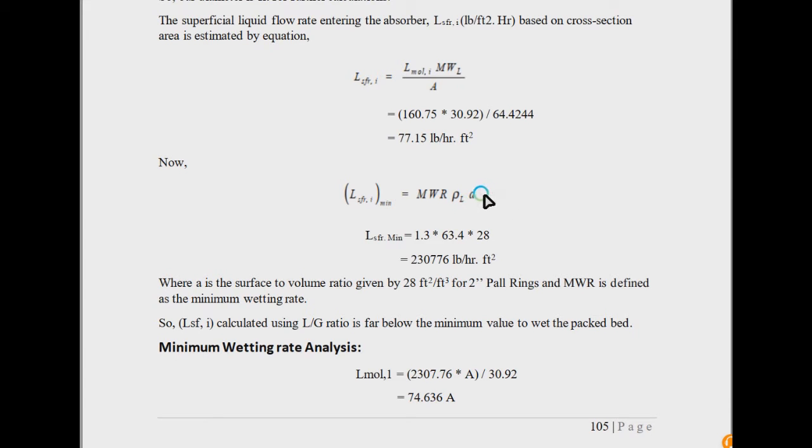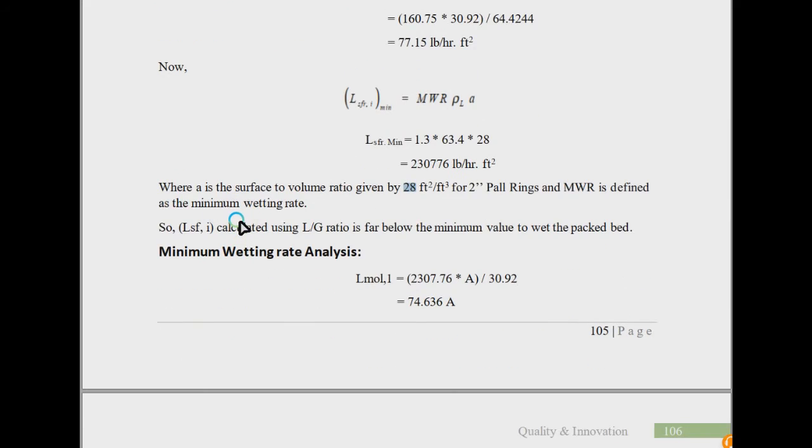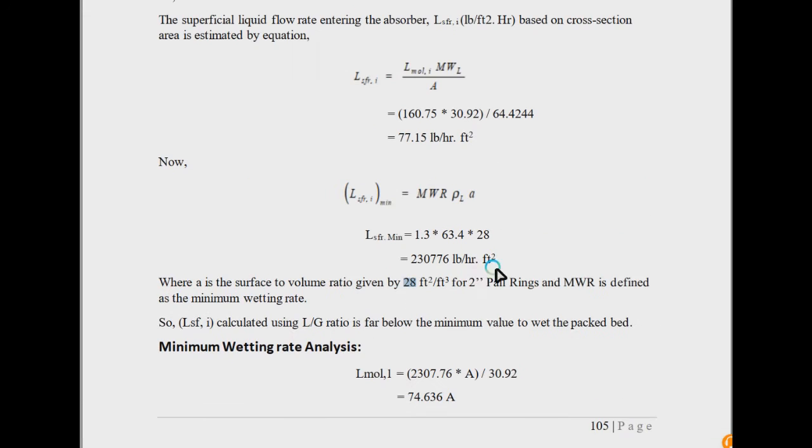This is not the area of the column, it is the area of packing per feet square, feet square per feet cube. It is actually the effective length of the contact between the liquid and gas on the packing surface. So I see here the minimum wetting rate is actually quite larger than my superficial liquid flow.